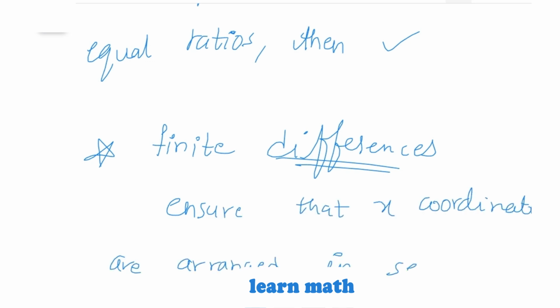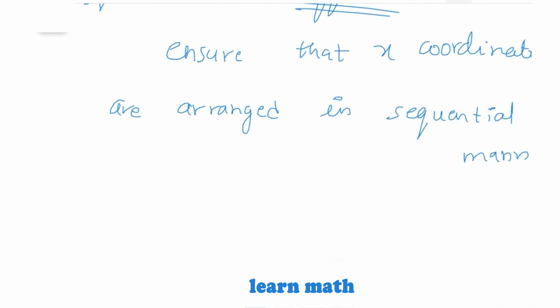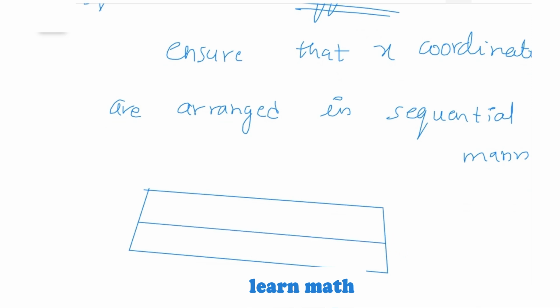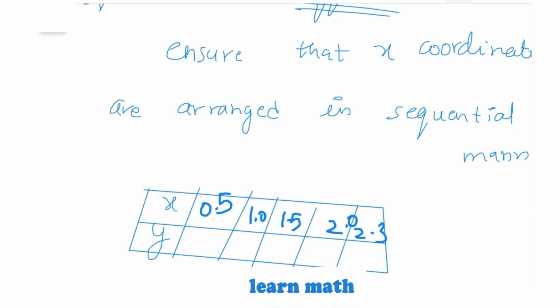Generally, the questions for this topic will give x values in increasing order, like 0.5, 1, 1.5, 2, like this.